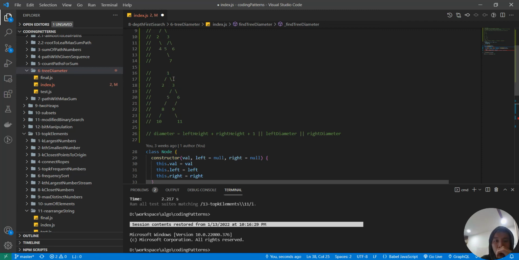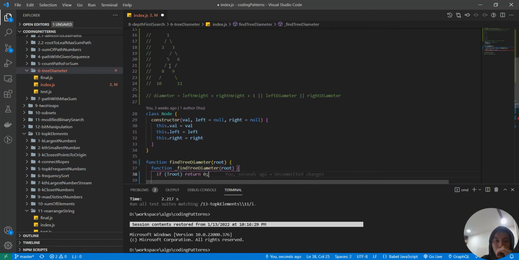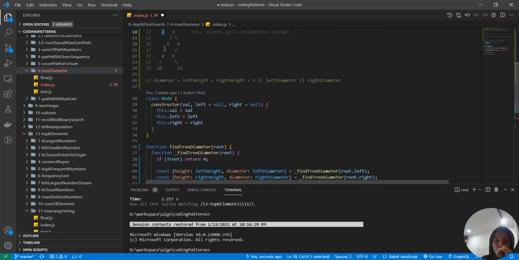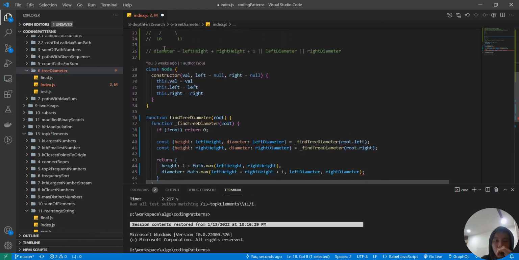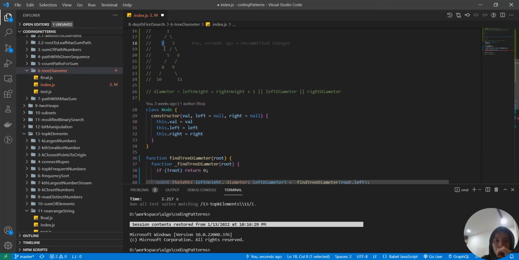So here, for example, the first function call the root is 1. It will go to the left first, and then go to the right.